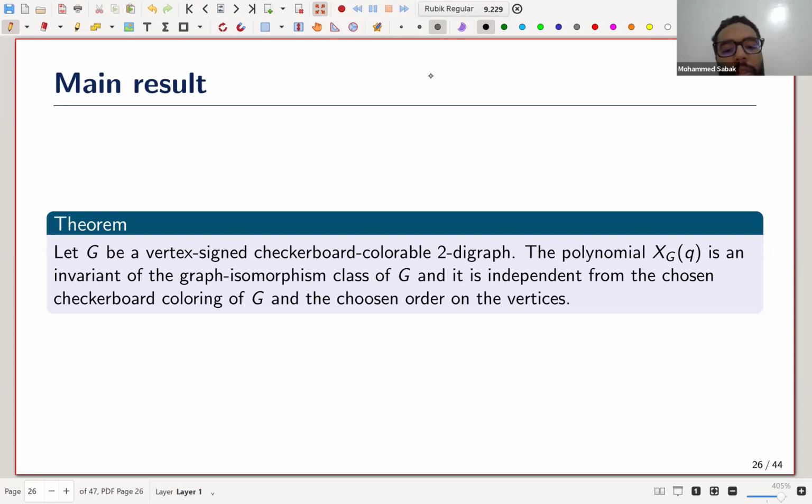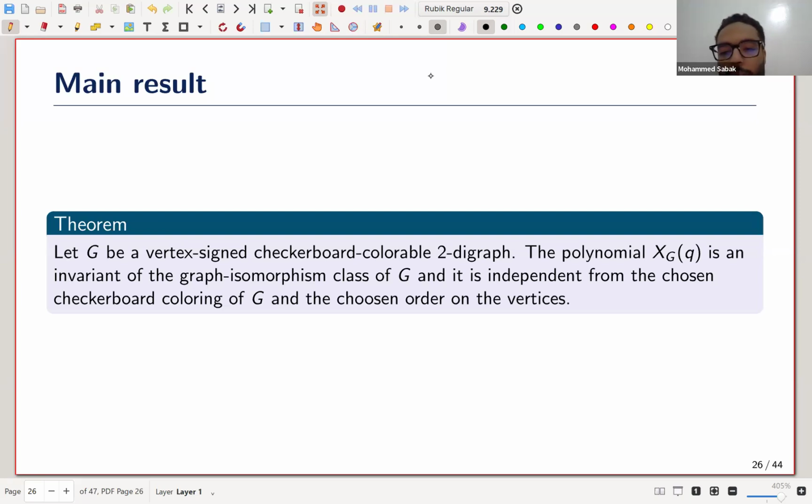And also it is independent from the chosen order of the vertices. The first two points are not complicated to prove. They are actually very easy to prove.